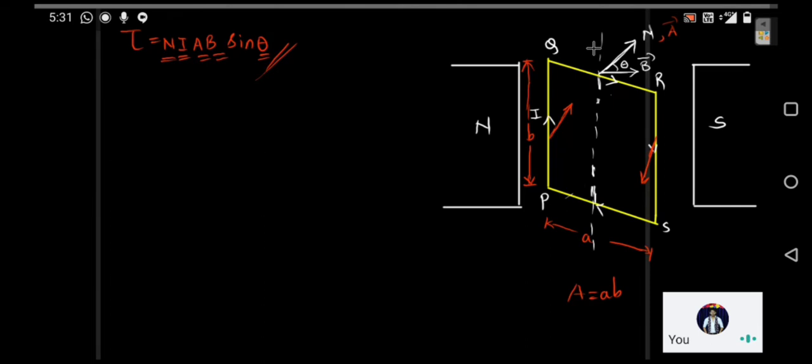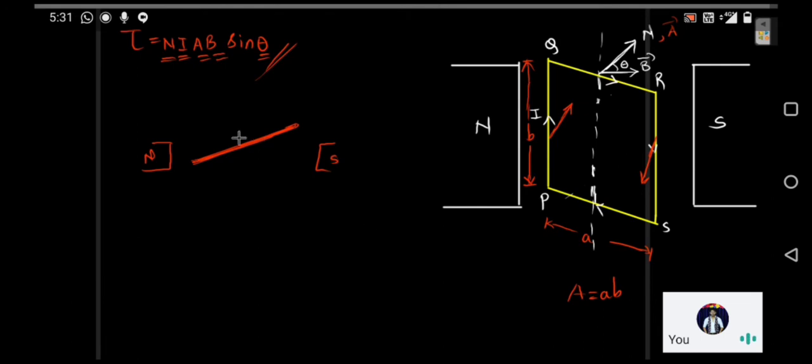Okay, so now if I want to find out the torque, let's see the front view. This is your magnet, north pole, this is your south pole, and the front view will be something like this. The plane will look something like this. So basically this is going to be your plane like this from the front view.